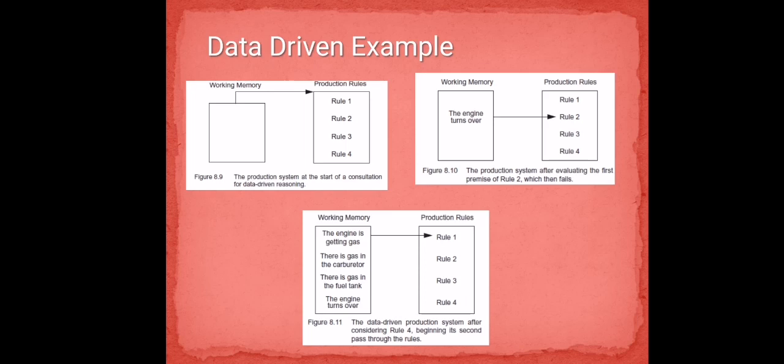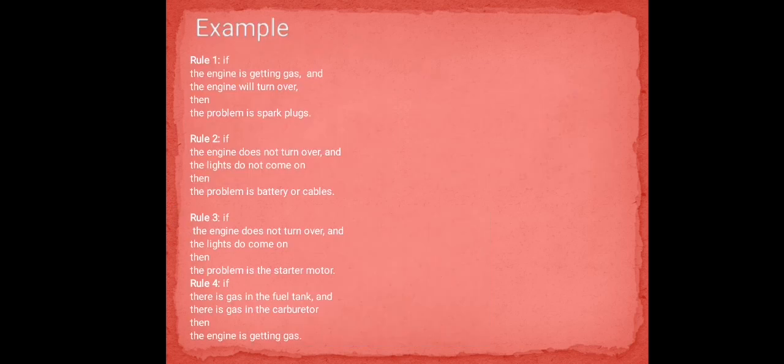Then we are referring to the production rules, and there are 4 rules. First we don't know anything.